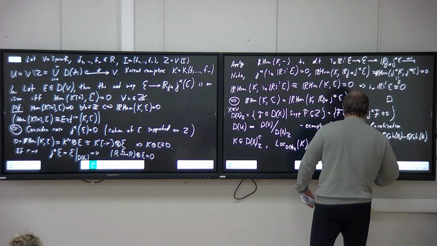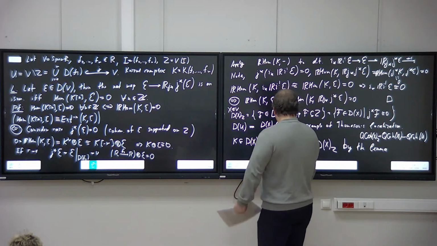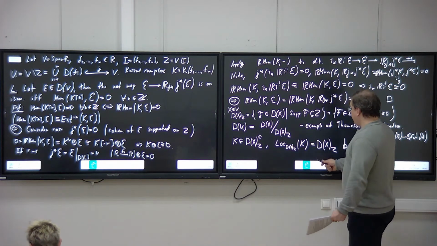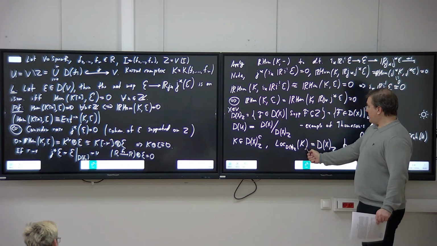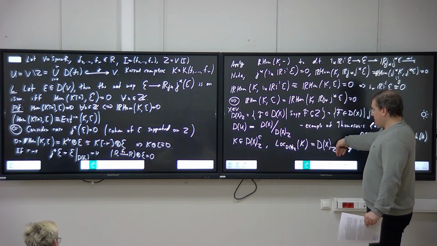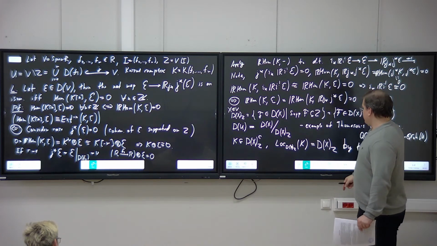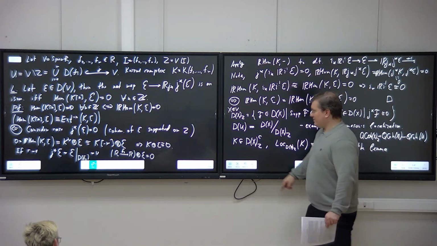So this is by the lemma. But what I want to show is that I can remove this Z here. So if I take the smallest localizing subcategory containing K in D_X and then remove Z also here, then, oh no, this here I don't need to remove.